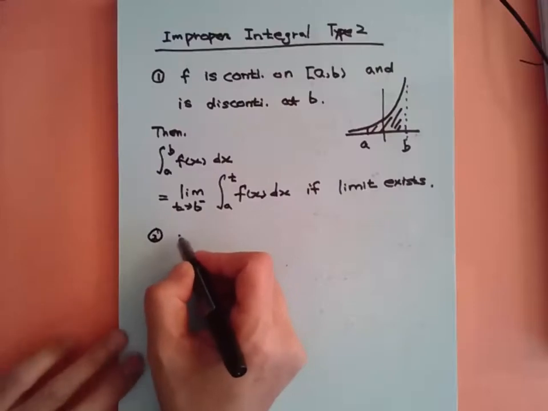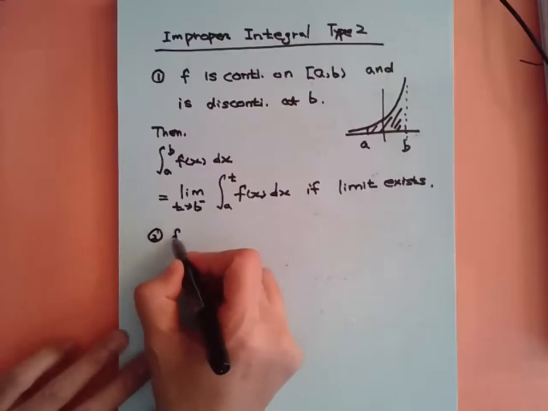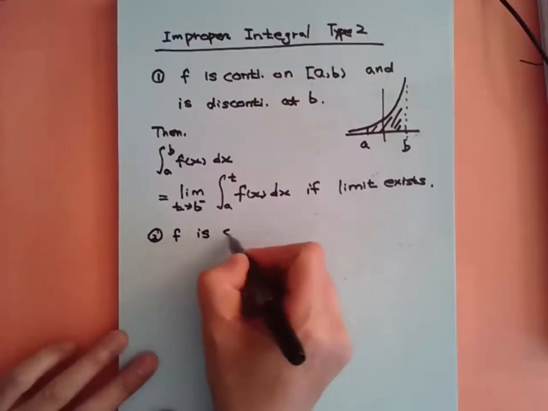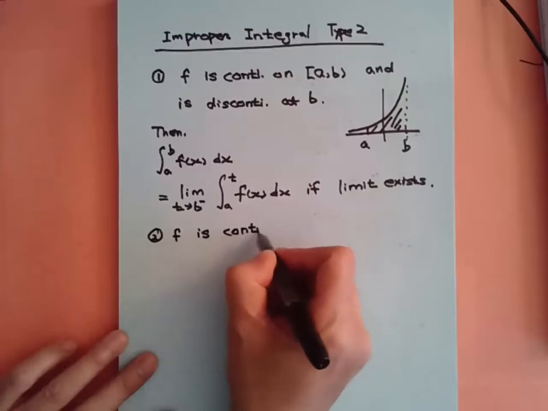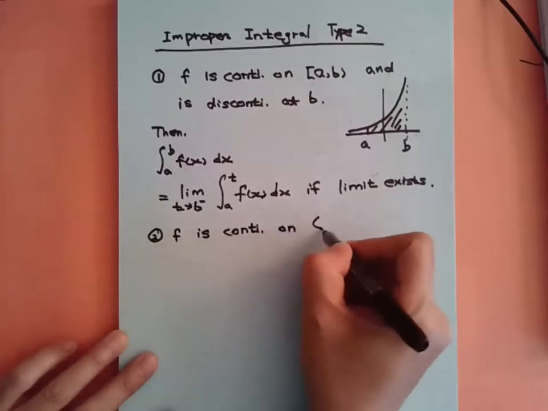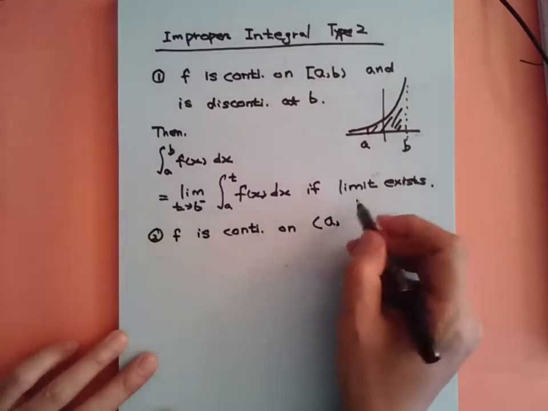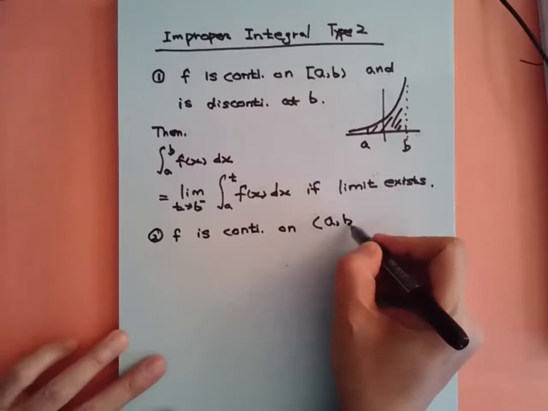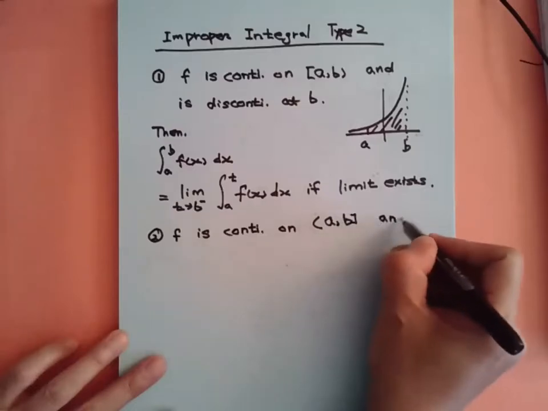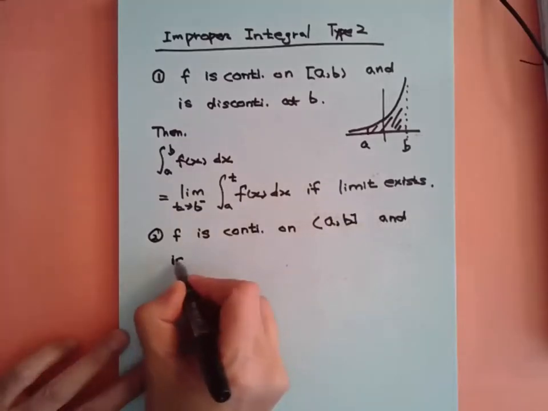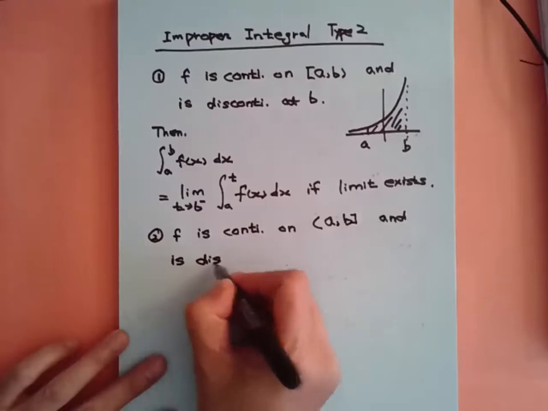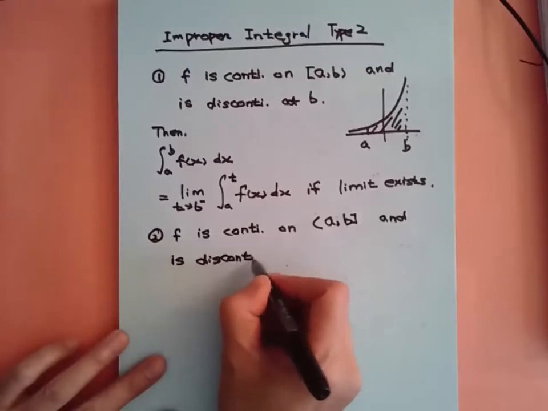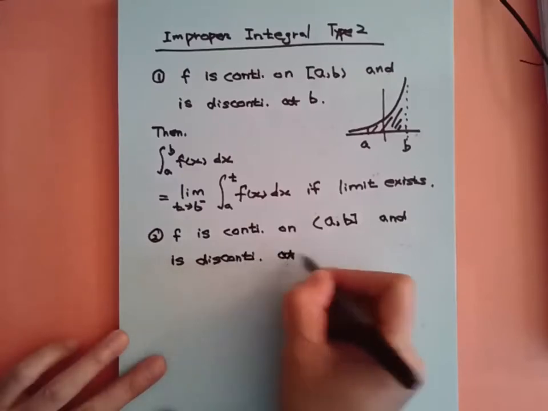The second type is f is continuous on the semi-open interval (a, b], and is discontinuous at a.